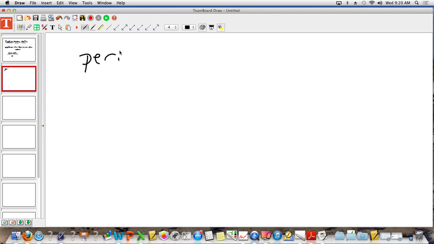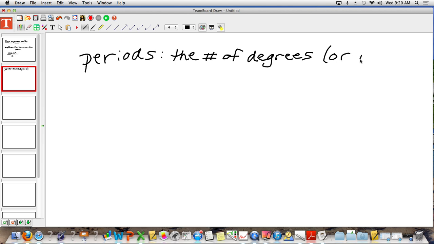Periods. A period is the number of, in this case we've been talking about degrees, but later on we're going to start talking about these things called radians. In fact, today we are going to talk about radians. The number of degrees or radians, so if you want to add that to your notes, or radians, they're not going to mean anything to you for a few minutes anyway.